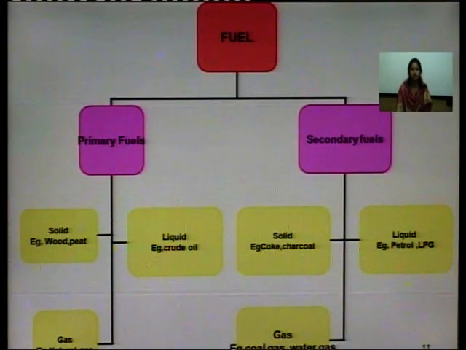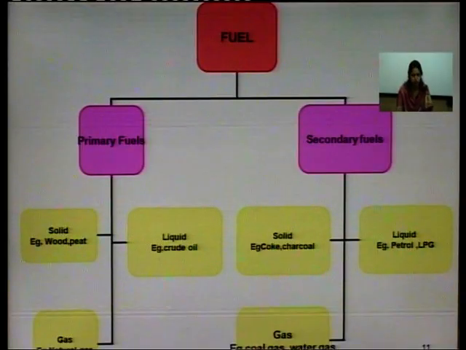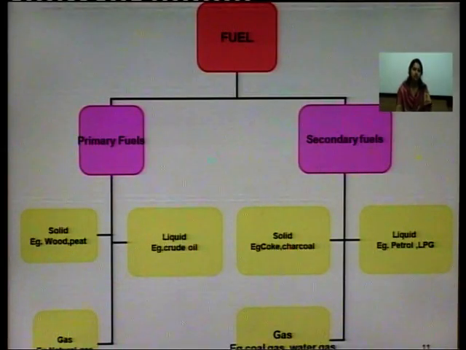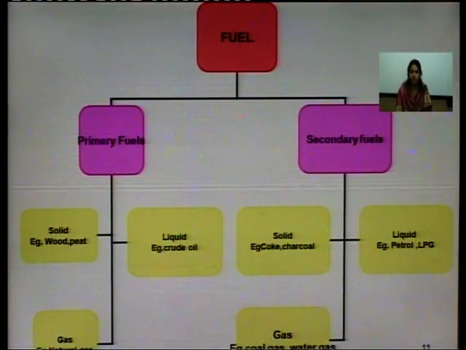Primary fuels are those which are present in nature, and secondary fuels are those which are prepared artificially from the primary fuels. Now, on the basis of physical state, the primary fuels are of further three types. In a similar way, the secondary fuels are also of three types.